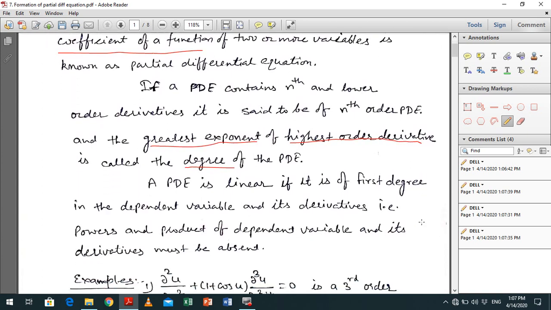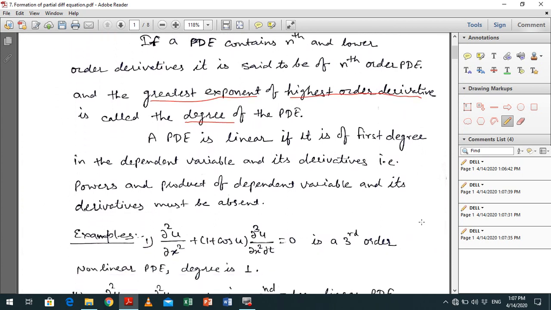Further we look at when a partial differential equation becomes linear. If it is of first degree in the dependent variable and its derivatives. Suppose we have a partial differential equation in dependent variable z and independent variables x and y.